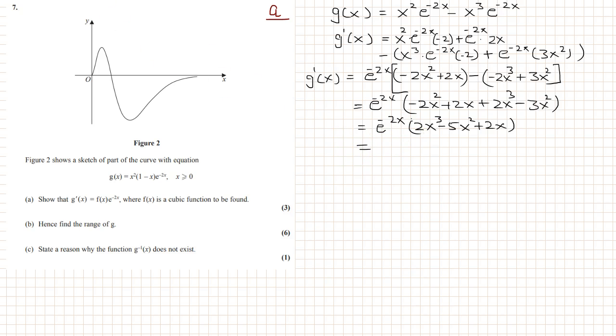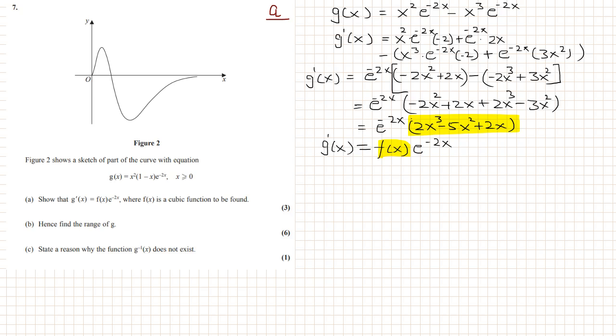So g dash x is equal to, now this is f(x), it's a cubic function, multiplied by e to the power minus 2x.